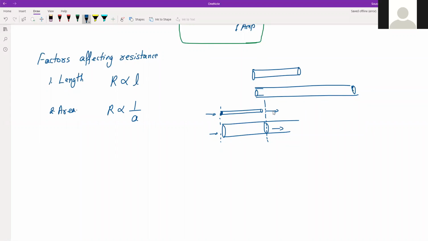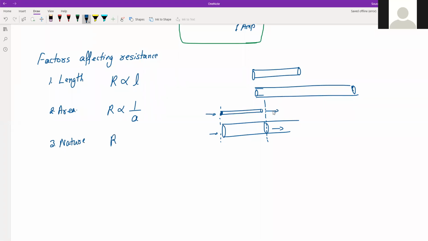And it also depends on the nature. Basically, if it is a conductor, it will have less resistance. If it is an insulator, it will have very, very high resistance. And if it is somewhere in between, the conductivity also keeps on decreasing. So we can also say that this depends on the nature.